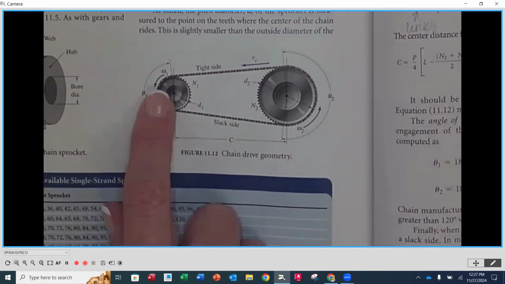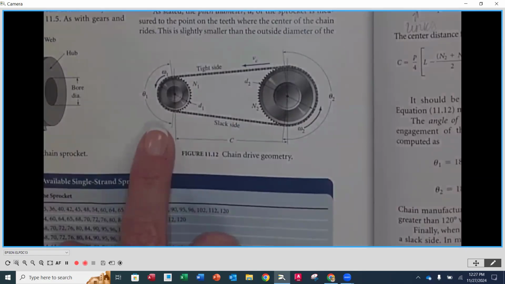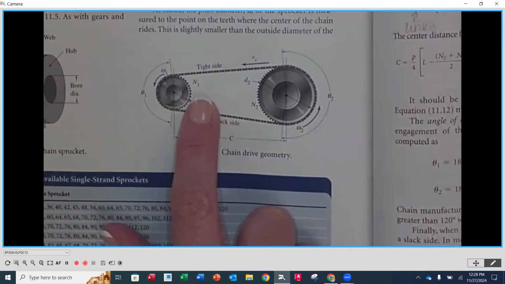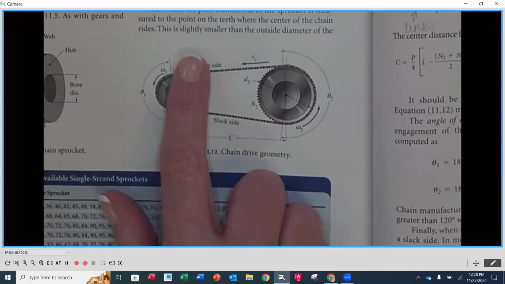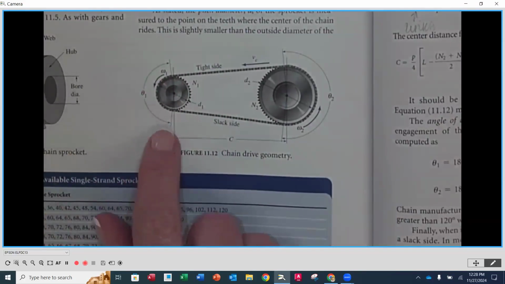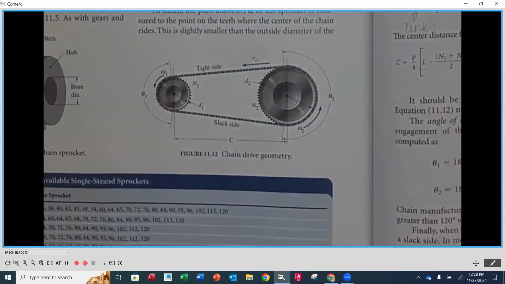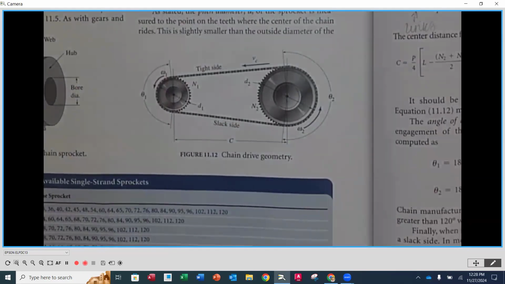So notice that we have rotational speed W1 on the left-hand side. We have number of teeth on the left-hand side, number 1, and we have D, pitch diameter, number 1. So this is all going to be our drive side. Additionally, we have this angle. Similar to belts, this is our angle of wrap, and that's going to be the engagement that we have with the number of teeth on our chain.